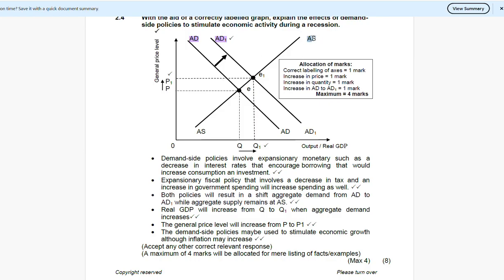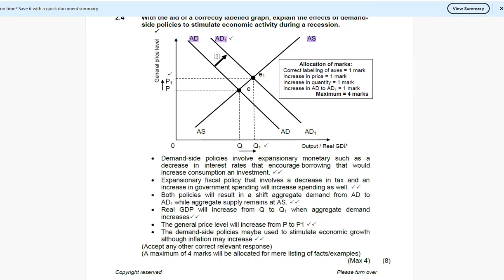However, when you're looking at aggregate supply, you only have one line. So what happened when we see the shift of aggregate demand to aggregate demand 1? The output, or the real GDP, also shifted, and the prices also shifted.